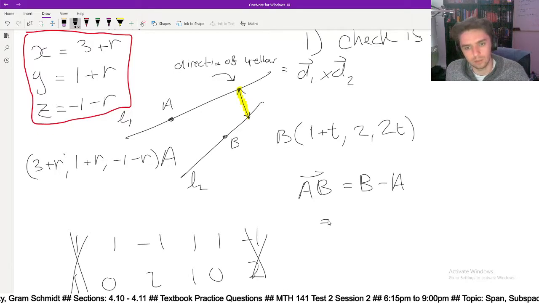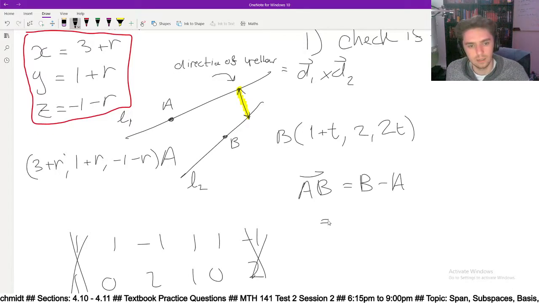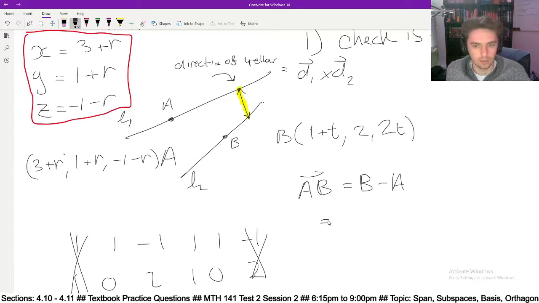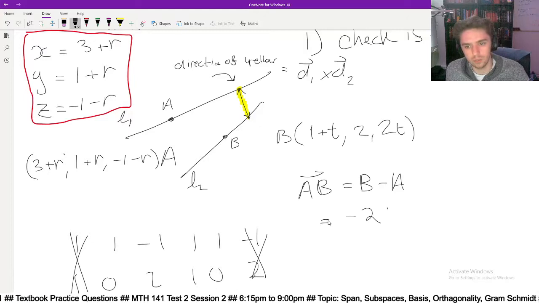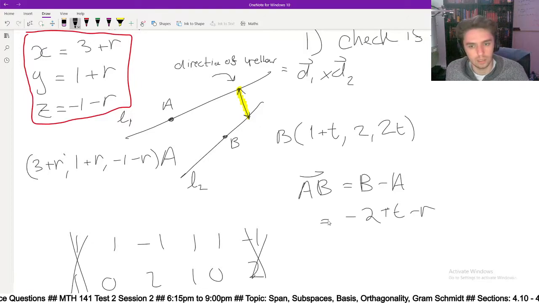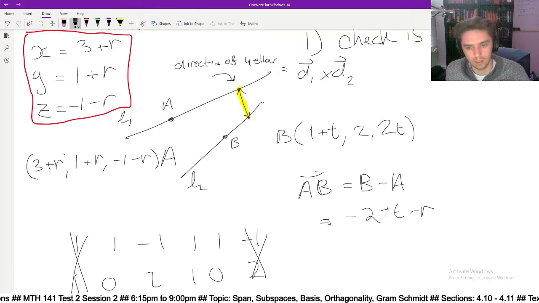AB is B minus A. So that's going to be equal to 1 plus t minus 3 minus r, so negative 2 plus t minus r. Then 2 minus that is going to be 1 minus r.